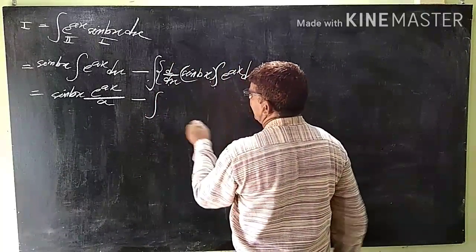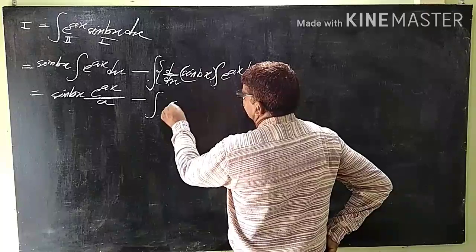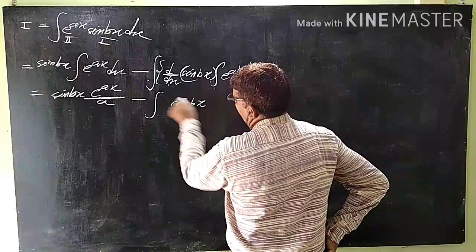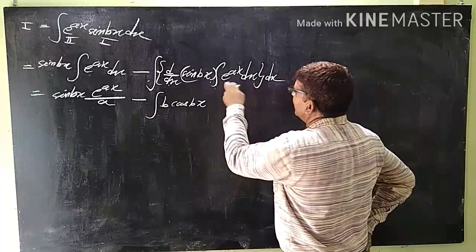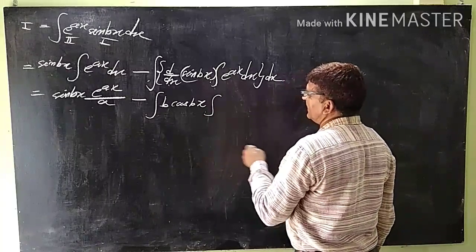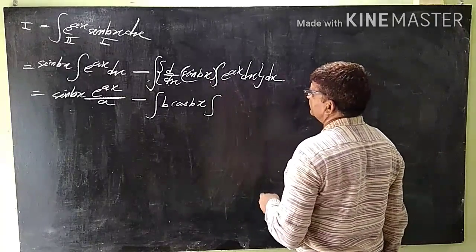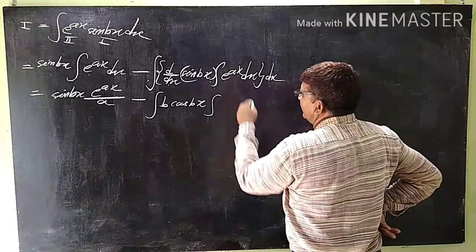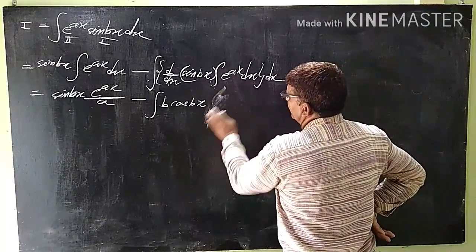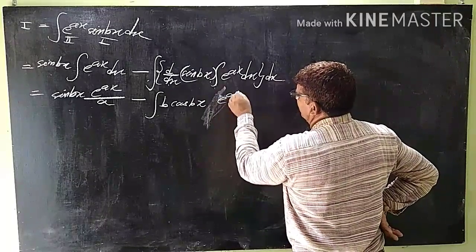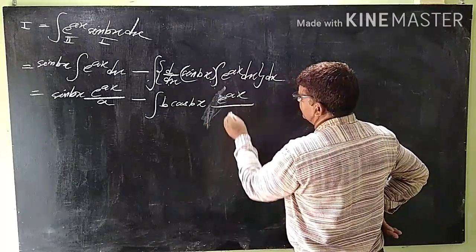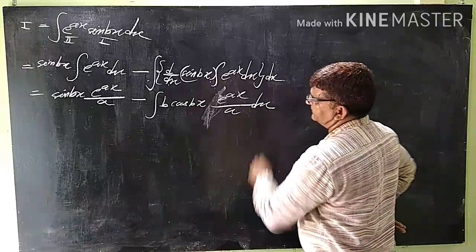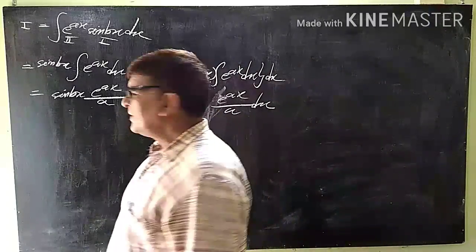dy by dx of sin bx is cos bx into b, and the integration of power of e ax is equal to power of e ax upon a, dx integration.